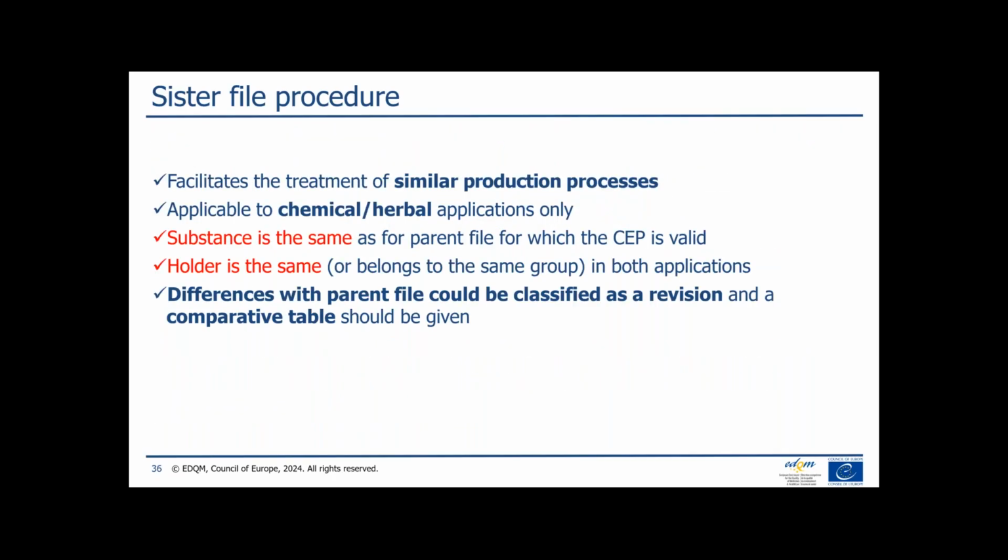A sister file procedure is applicable for similar production processes, for chemical and herbal applications. The substance is the same, the holder is the same or in the same group as for the parent file, and the differences should be highlighted in the comparative table and classified as revisions. All the differences compared to the parent.